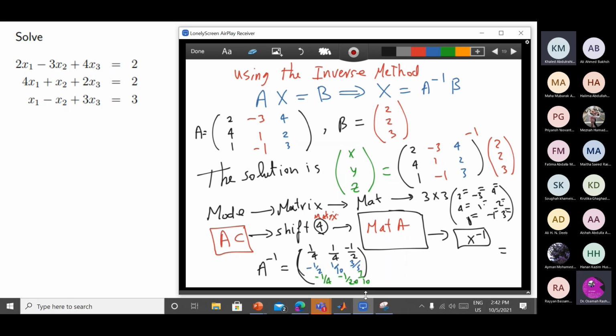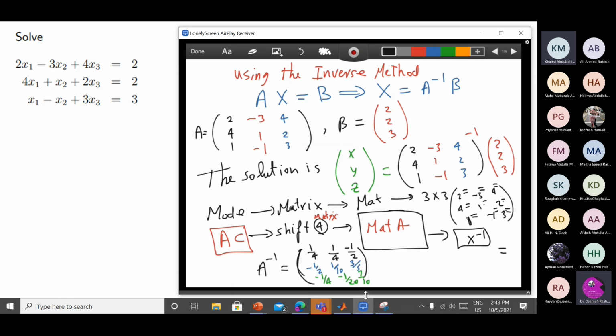Okay, now you have A inverse. This is your answer, right? Just press multiplication now. You didn't input B, right? You follow this one, and instead of choosing mat A, you choose mat B. Catch my point?